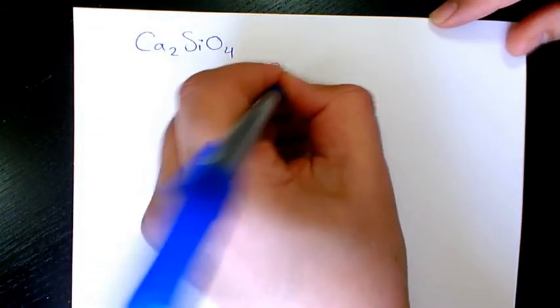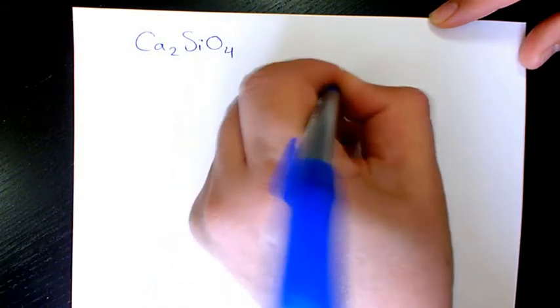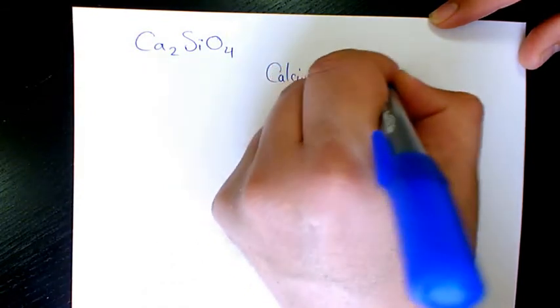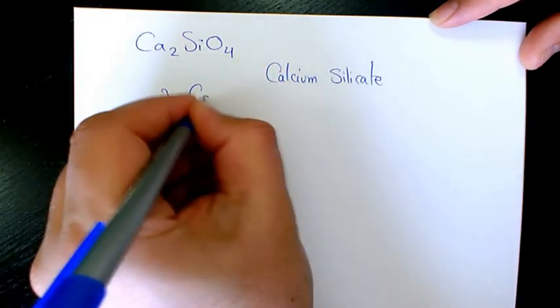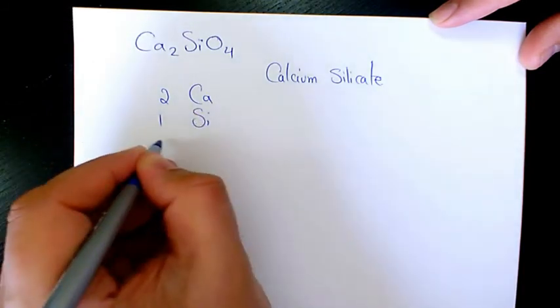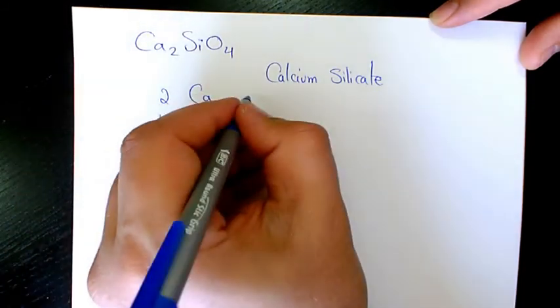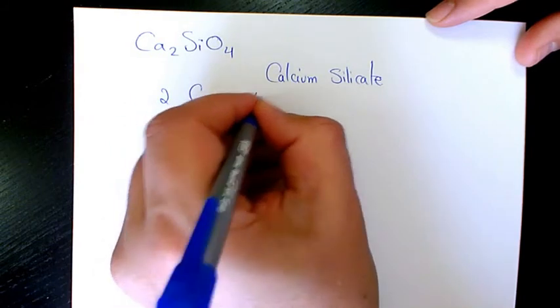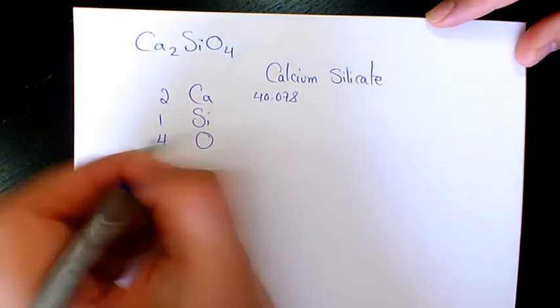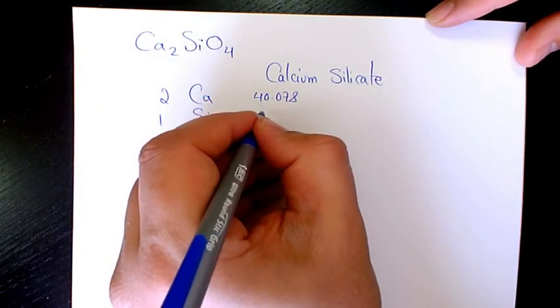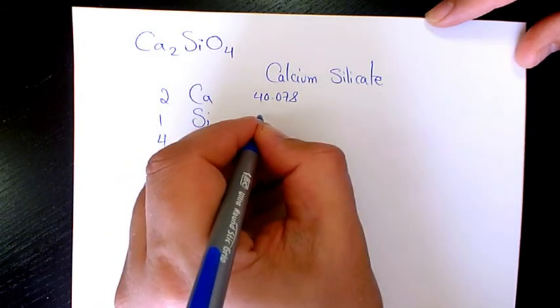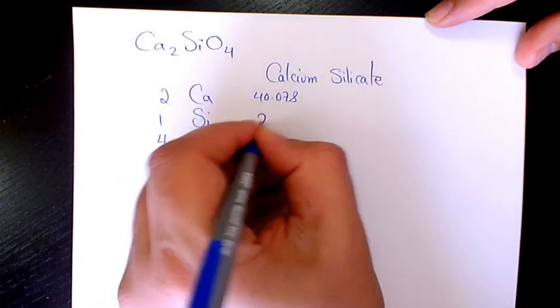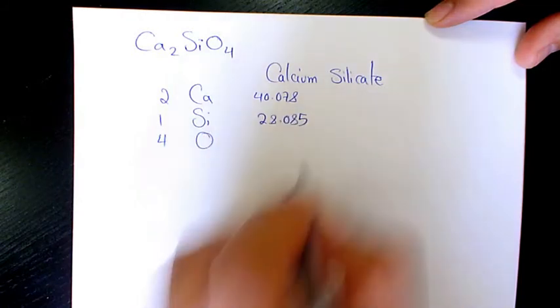Next one is going to be Ca2SiO4. It's going to be calcium silicate. 2 atoms of calcium, 1 atom of Si, 4 atoms of oxygen. Calcium is 40.078. Si, silicium or silicon, is basically 28.085.